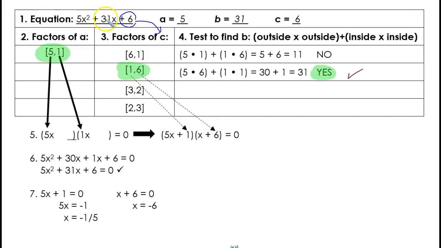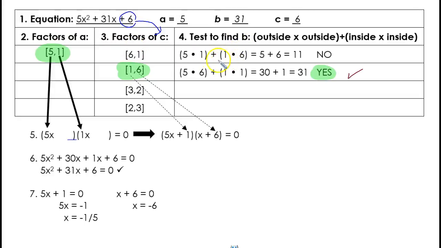Since we're adding products together to get this middle term, when we add these together, if your goal is to get a positive sum, then both of these need to be positive, so that when you multiply positive times positive, everything's positive and it works out.